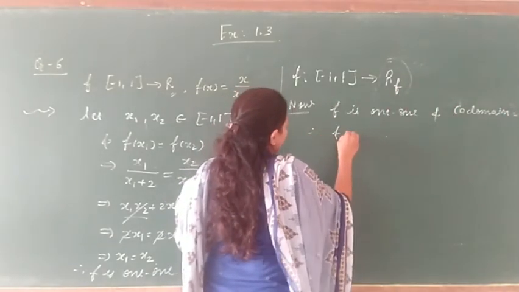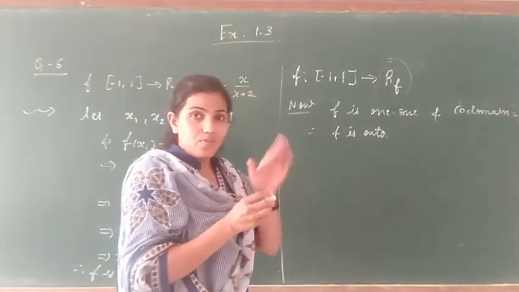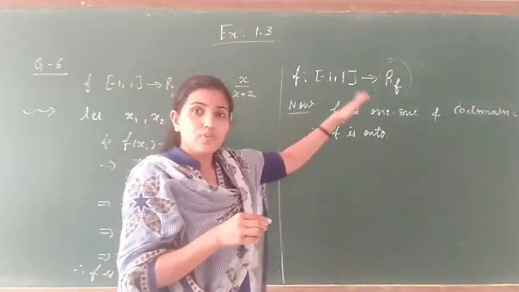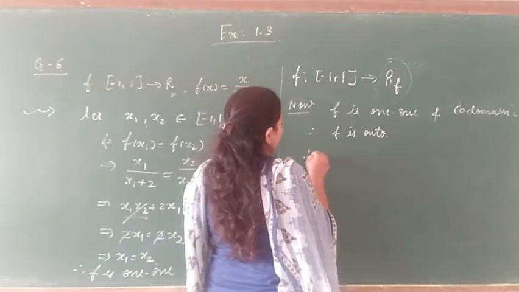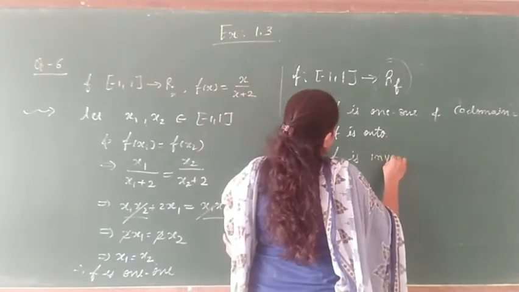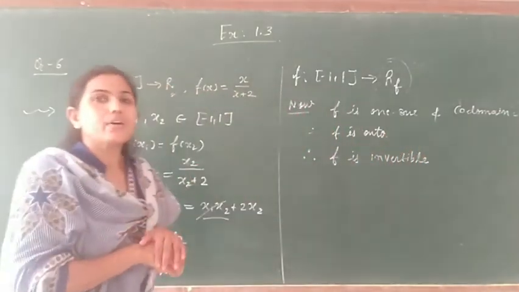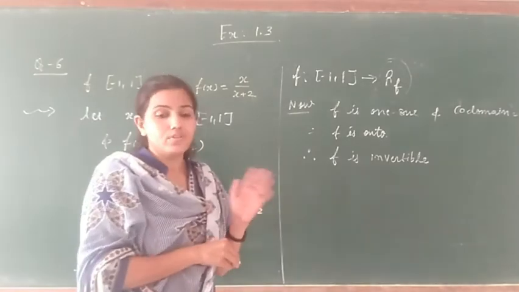Therefore f is onto, right? And as f is 1-1 and onto, therefore f is invertible.